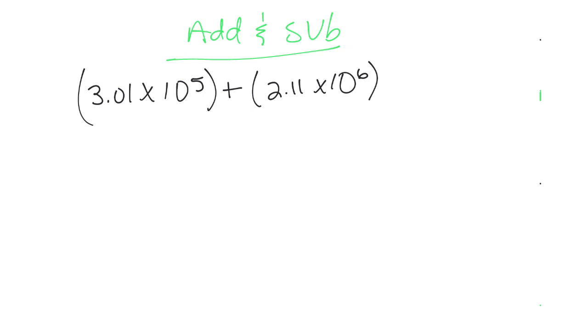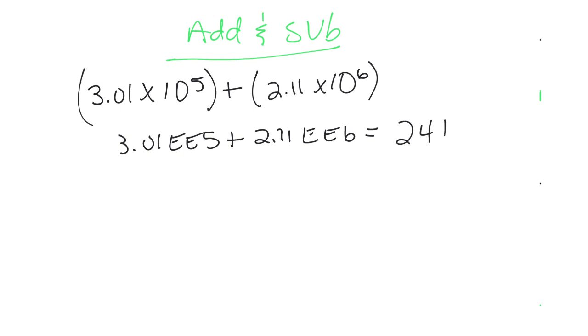So you do 3.01 EE5 plus 2.11 E6, you get 2411000.